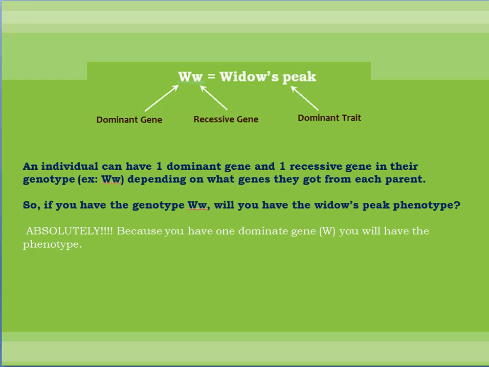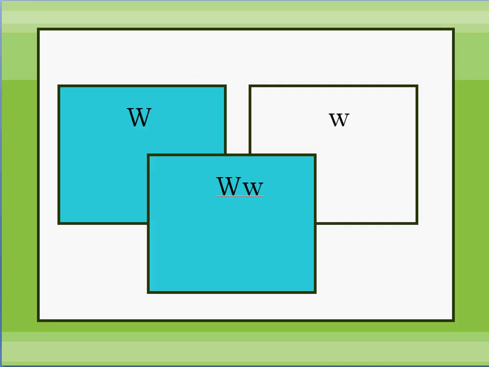In the next example, they show you a genotype uppercase W, lowercase w. The uppercase W is showing you the dominant gene. The lowercase w is showing you the recessive gene. So when we have the code uppercase, lowercase, we are still going to see the dominant trait of a widow's peak. That's because whenever you have the dominant gene present, you will see it.